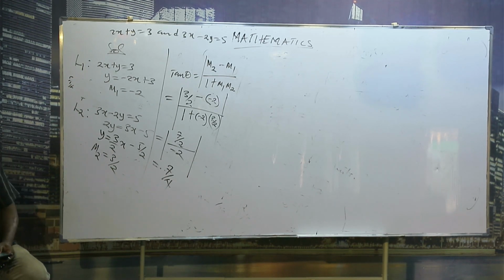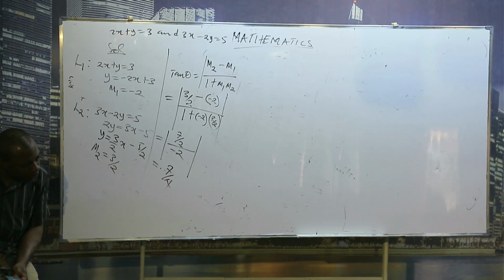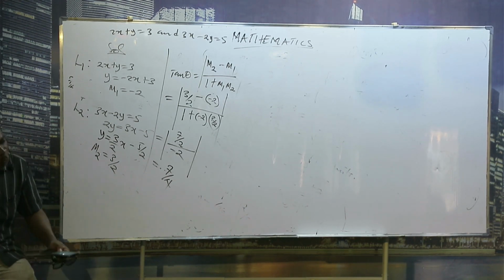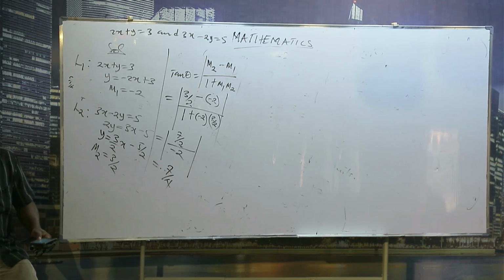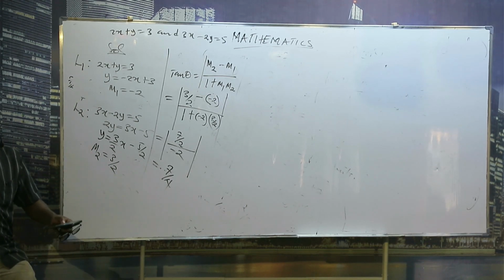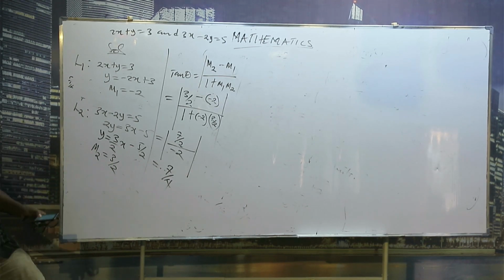Whenever you are given the equation of a line, how can you get the gradient? Make y the subject, then the coefficient of x becomes the gradient. And I'm still saying it, and you will not change it. I've answered your question.